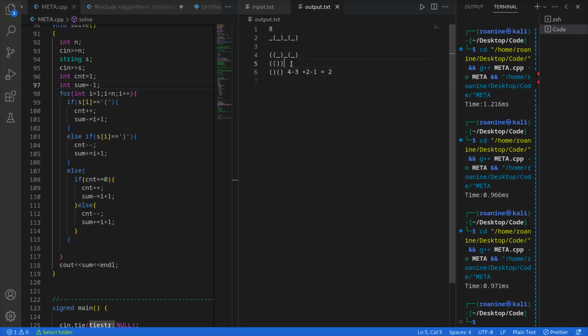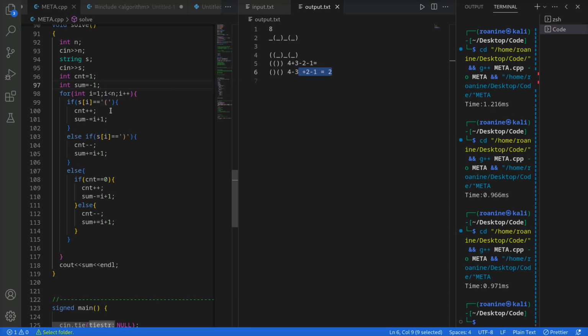And for this one, it is 4 plus 3 minus 2 minus 1. So this has the maximum cost and this is the minimum cost. So it is better to open a bracket and just close it at that position only, or at the next position. Basically, it is better to close it as soon as possible.